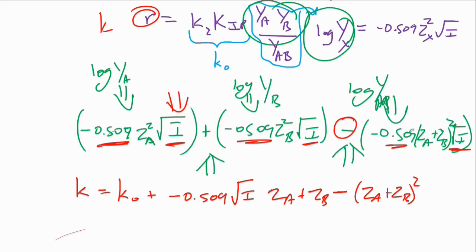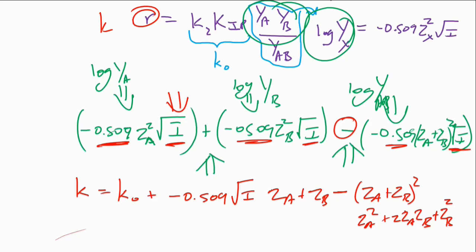And we know what happens with that. It comes down to be, let's say, ZA squared, plus 2ZA ZB plus ZB squared.